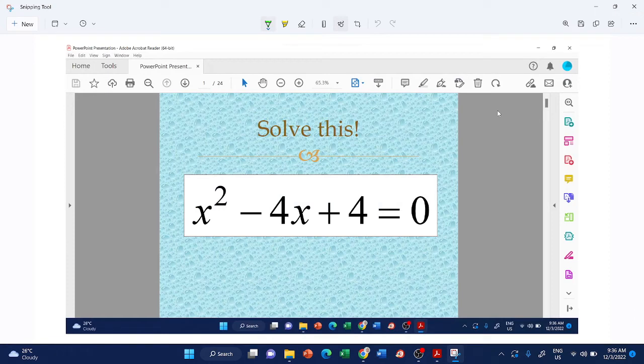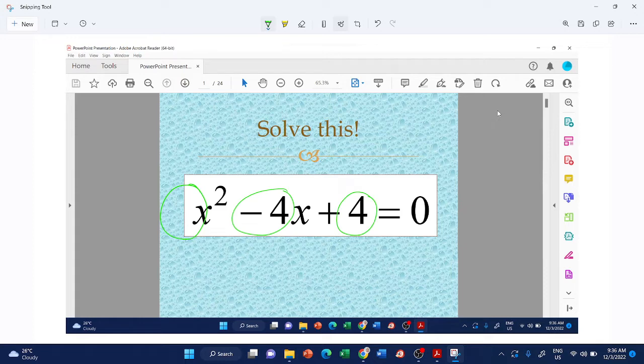I got two solutions. Let's see. If you key in your calculator, you are supposed to key in number one here. You key in 1, then you key in -4, then you key in 4.